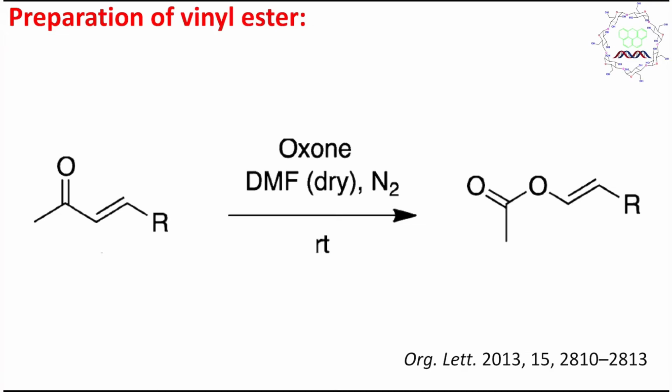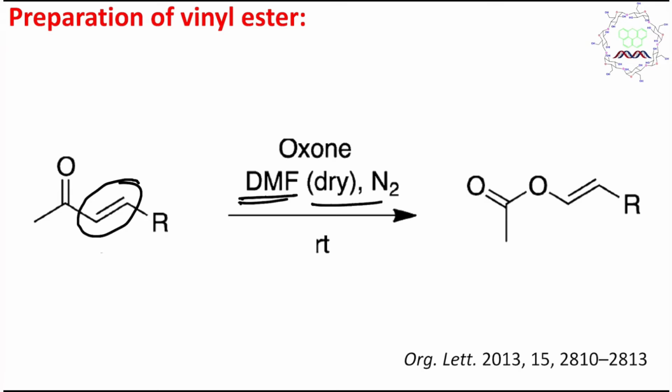Now let's come to the second example. Some time before we discussed this aldehyde, and in that case hydride migration happened because hydride has the maximum migratory aptitude. But if you take a ketone, both sides are alkyl, so at that time this alkyl, meaning vinyl, group migrates using the same condition. See, this is DMF and dry.